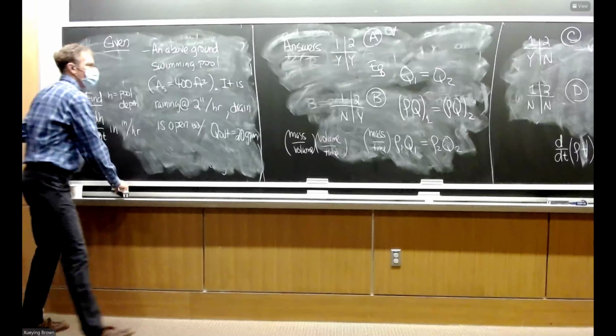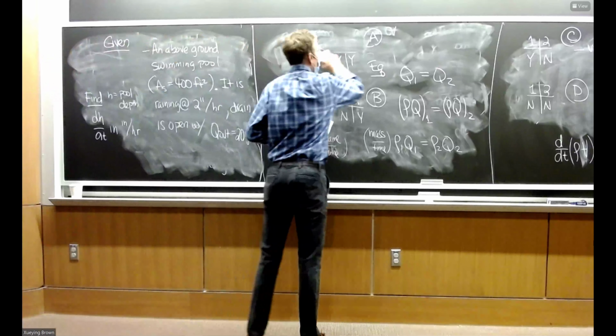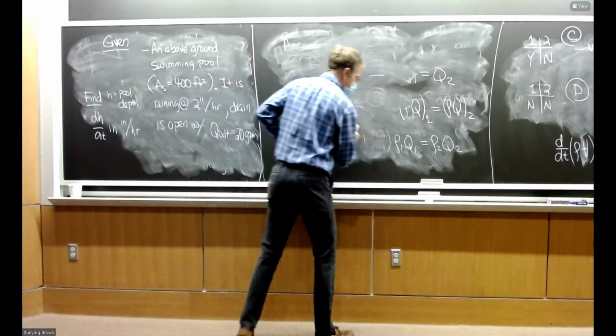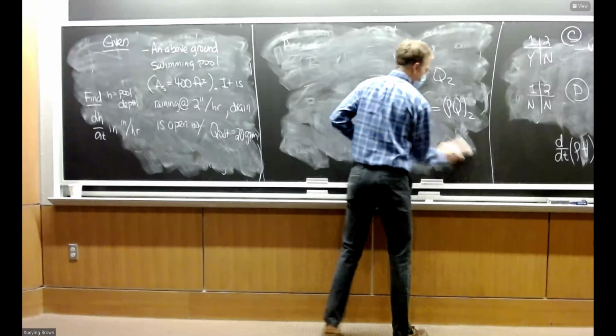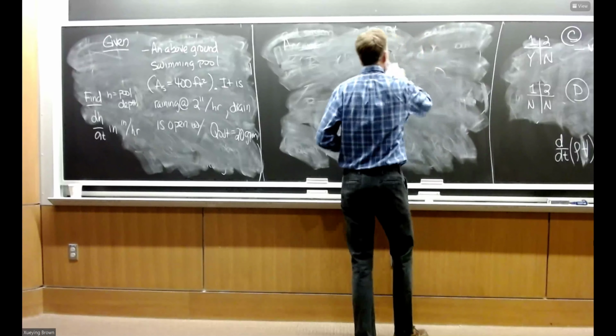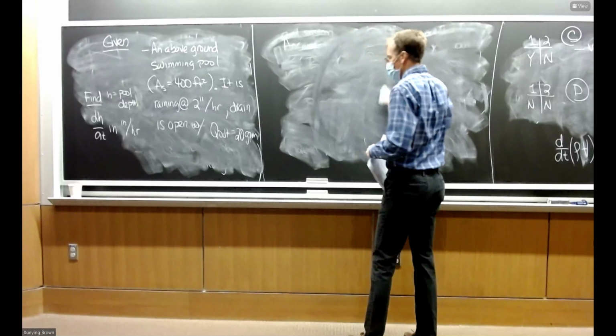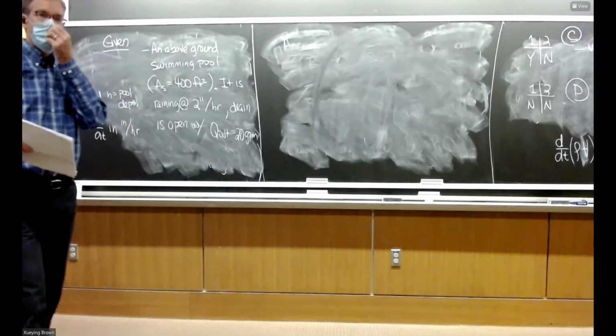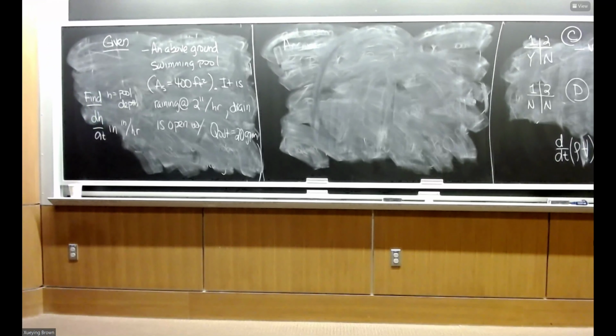Now, let's start off by saying which of our four cases do we think this is? You can look back through your notes and think, which case might this be? Look at the two questions.